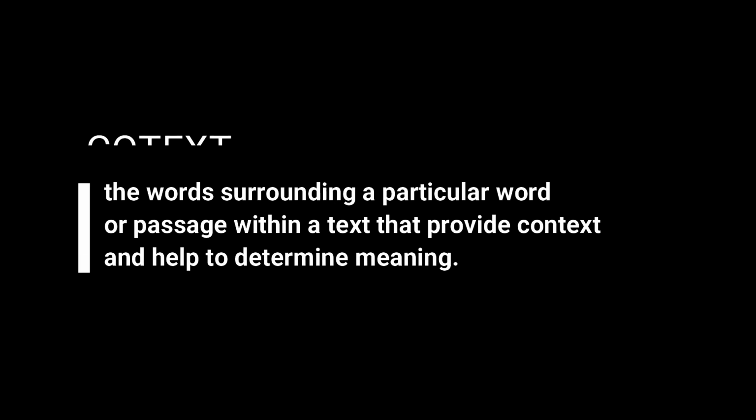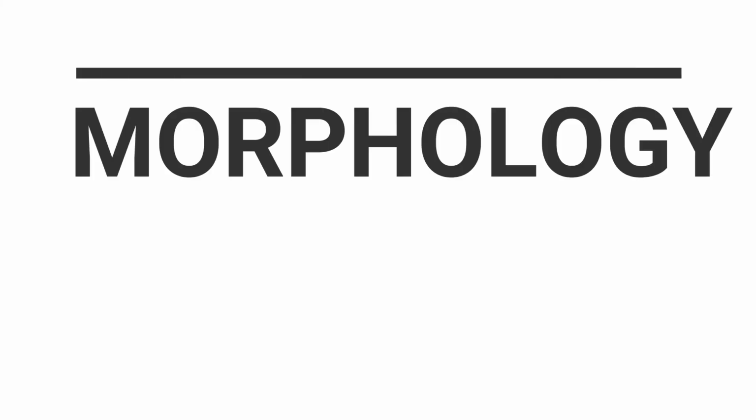One thing that you should remember in using word parts and other kinds of clues to guess the meaning of an unknown word is that you have to pay attention to the context as well. Context is the words surrounding a particular word or passage within a text that provide context and help to determine meaning. For example, you may guess the meaning of morphology by looking at the structure morph and logy.